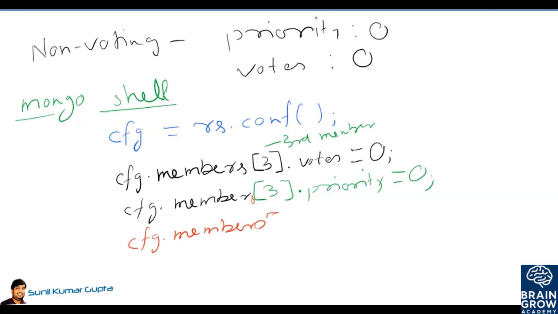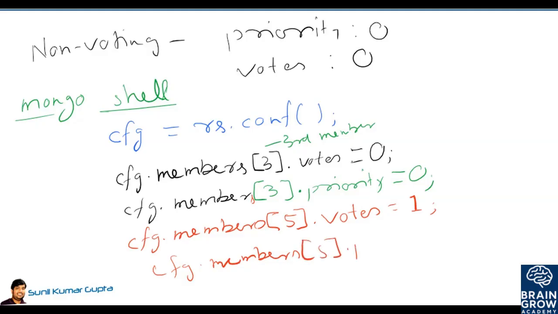Suppose you want to write the configuration for the fifth member, so cfg.members[5].votes equal to 1 if it's voting, and cfg.members[5].priority also, you can write 1 or 0 depending on what you want to configure. So this way, cfg.members, the index of the member, and then votes and priority, we can write the configuration for a particular member, right?